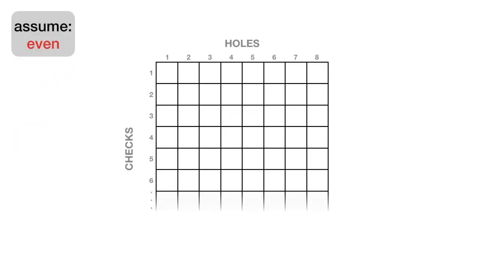Assume the mouse starts in an even number hole. That's 2, 4, 6, or 8. We'll use these blue M's to keep track of all the possible spaces the mouse may be hiding. Where can the mouse be on check 2? We're assuming he's coming from an even hole, so he's going to an odd hole. That's 1, 3, 5, or 7. And on check 3?